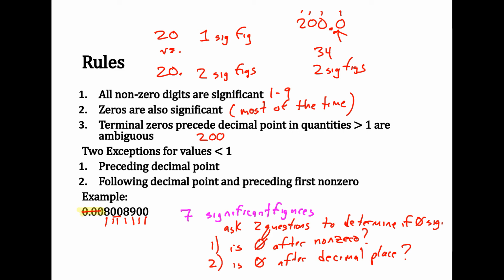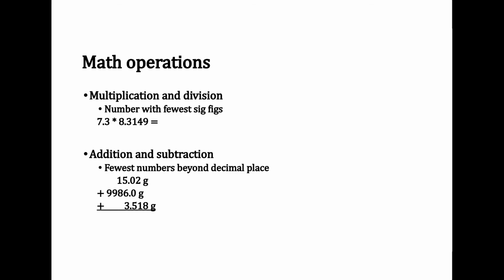So really those are the examples that may be slightly more challenging. But we can also keep track of sig figs as we perform mathematical operations. The easy mathematical operations are whenever you multiply and divide, and you just go with the number with the fewest sig figs. One of the things you should note is that we can multiply and divide regardless of the units.